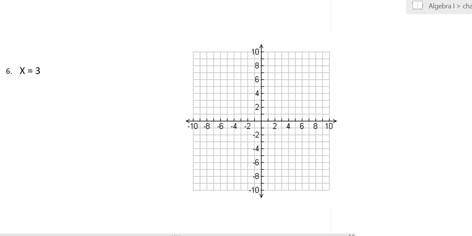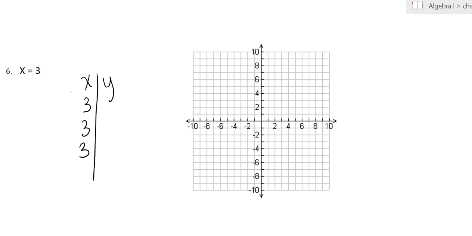And the last question we're going to talk about is x equals 3. If I try to make a T-chart for x equals 3, it's telling me x equals 3. Okay, there's no room for that. But you'll notice if I plug in x for 3, it equals 3. There's no y to solve. Basically that means y can be any number I want it to be.